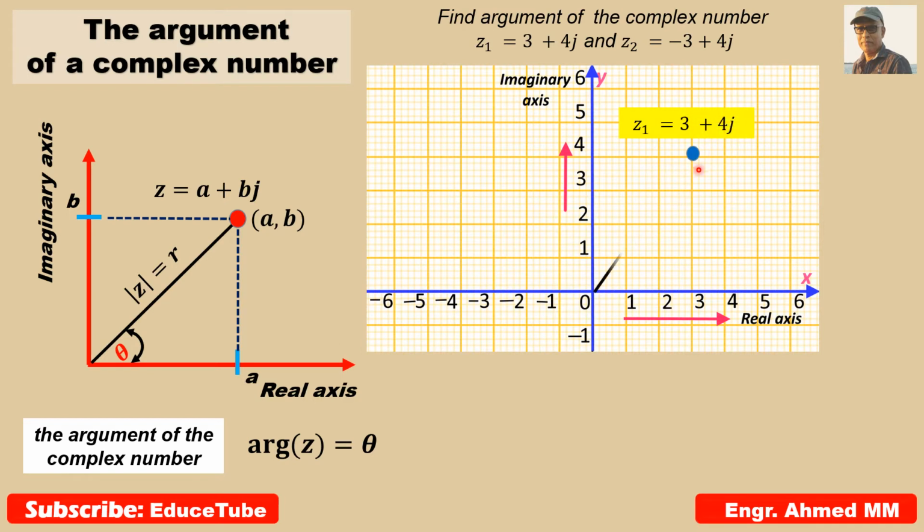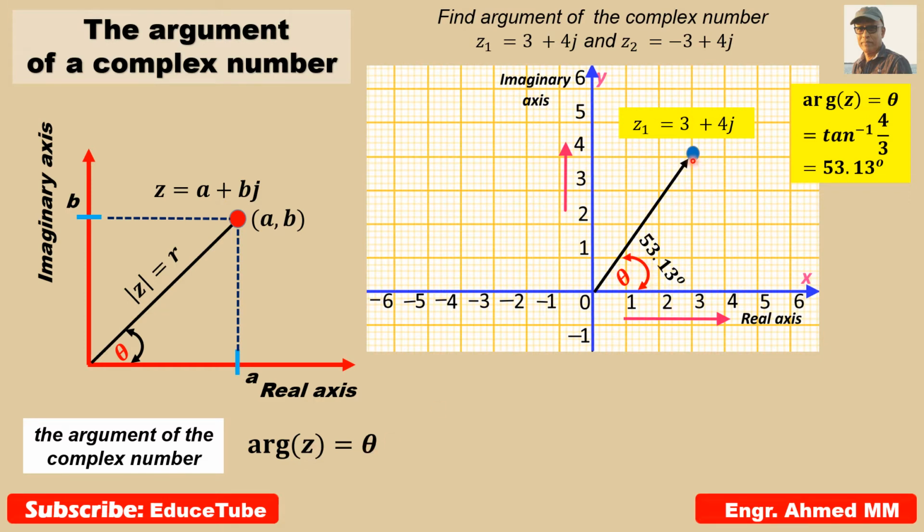This is for z1. I have to find theta. That's our target. First we have to write the formula. Already I wrote argument z equal to theta, I mean this theta equal to arg z. So what is this here?